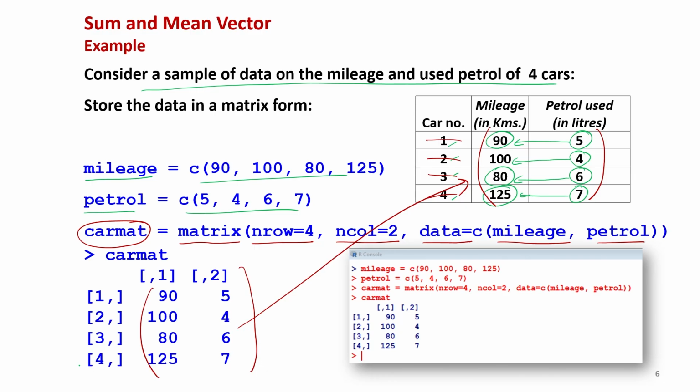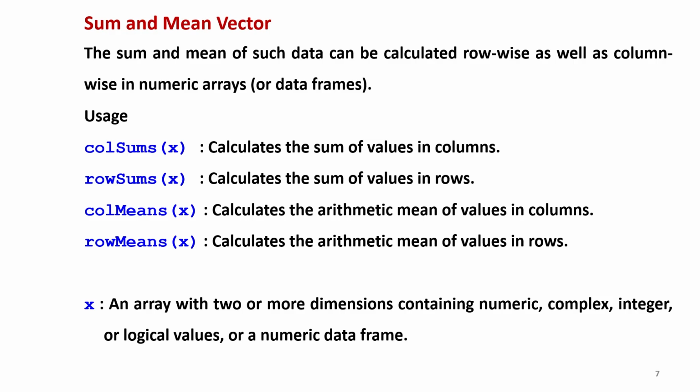Now, when you look at this data in matrix format, there are two possibilities for finding the mean vectors, either row wise or column wise, right. If you look here in the R software, there are commands for finding sums and means, row wise and column wise.